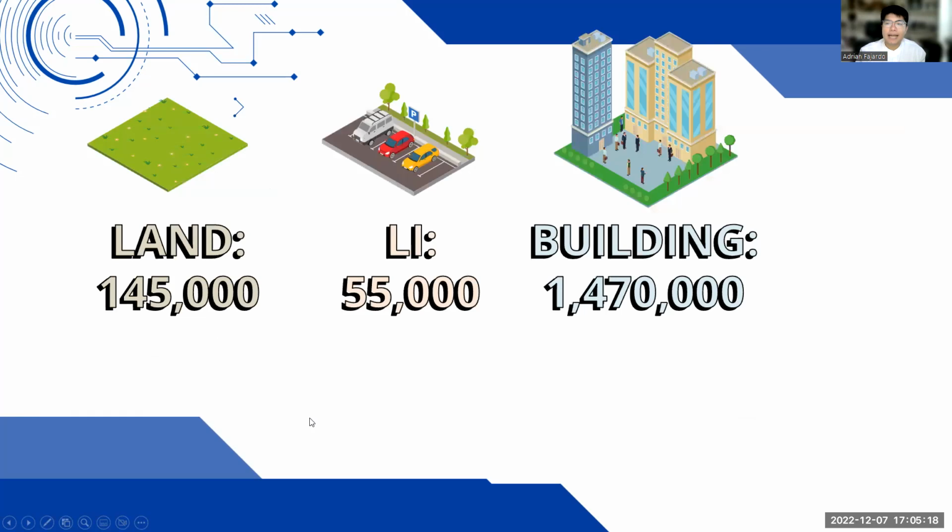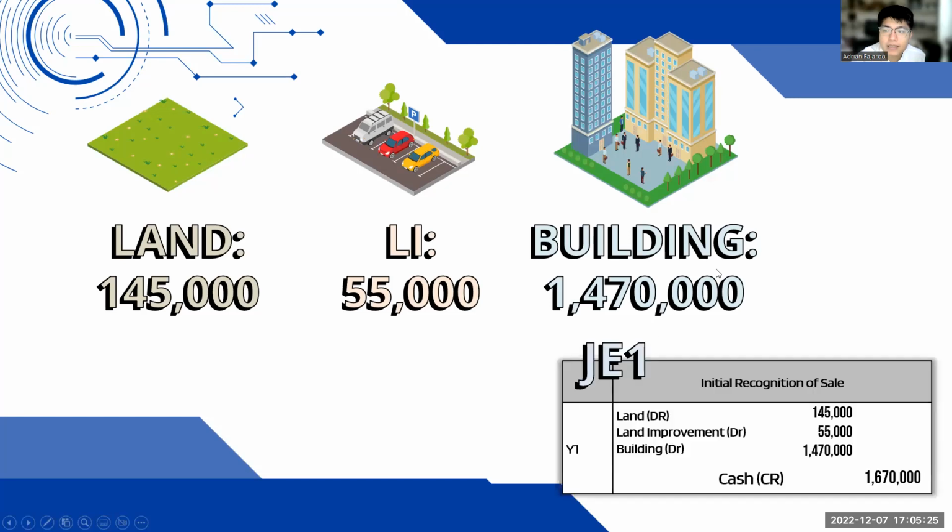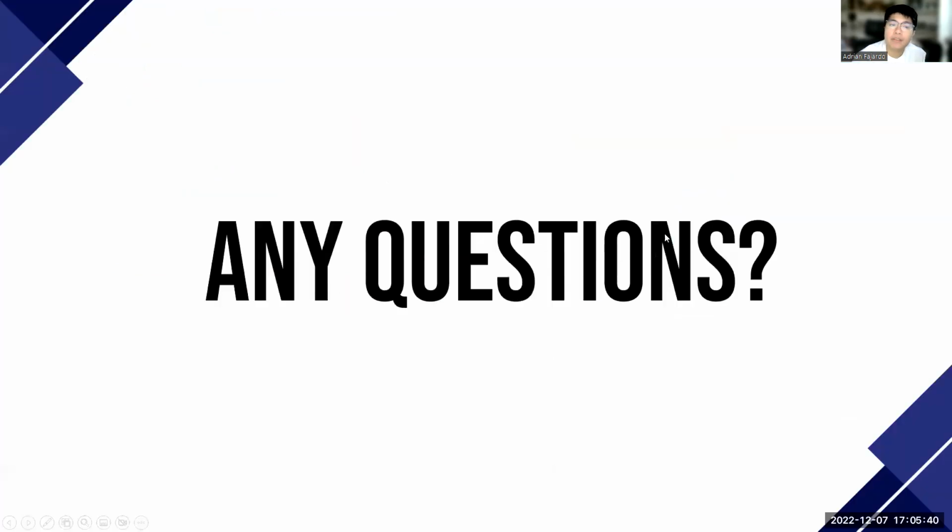So the journal entry is credit cash of 1.67 million, debit land of 145,000, debit land improvement of 55,000, and debit building of 1.47 million. If you have any questions about classifications or any terms related to building, land improvement, land, feel free to comment on the YouTube video.